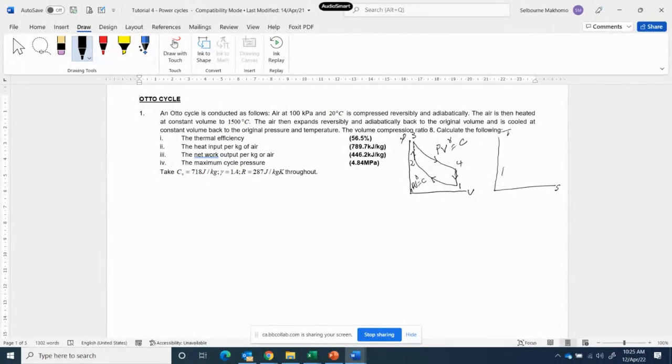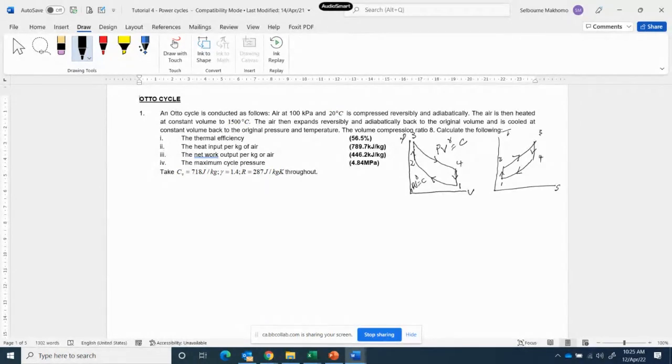The TS diagram, we have 1, we have 2, you have 3, you have 4. So the maximum temperature in a cycle here is T3, according to the sketch. So an Otto cycle is conducted as follows.